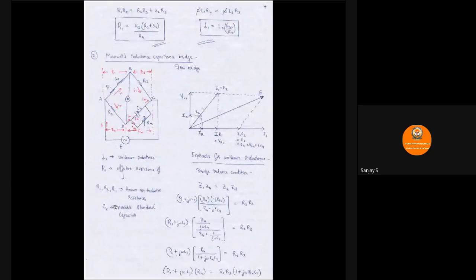The reason why I am mentioning all the bridges is that totally 4 bridge circuits are there to measure inductance, out of which only 3 pertain to your 18 scheme syllabus. So please don't waste your time studying Maxwell's inductance bridge. In some of the textbooks, the syllabus may not be updated and you might find Maxwell's inductance bridge also. Okay, so let us start with Maxwell's inductance capacitance bridge.